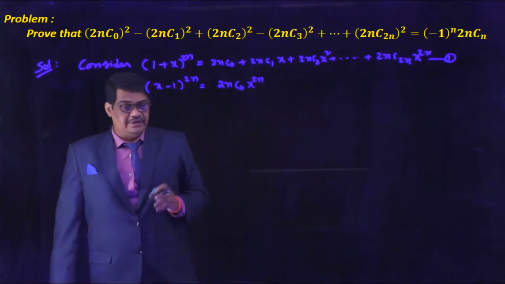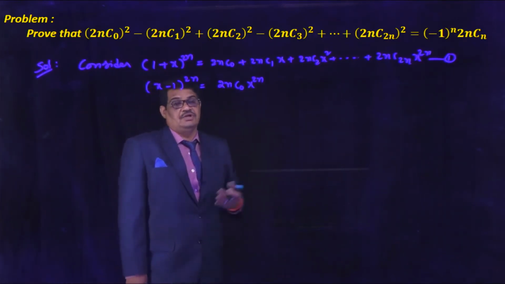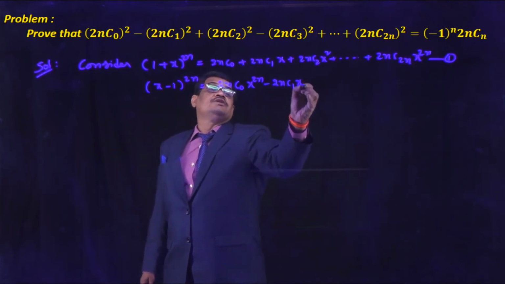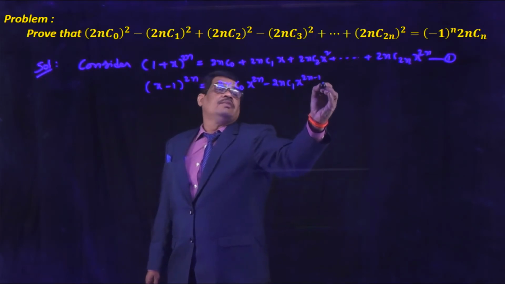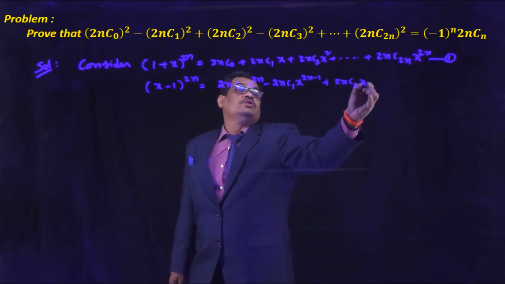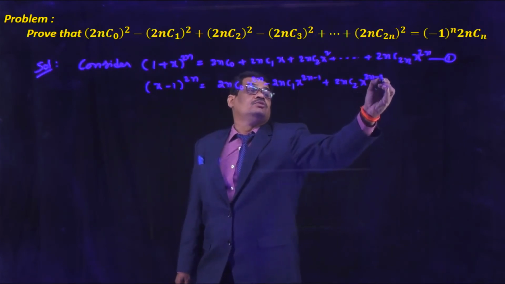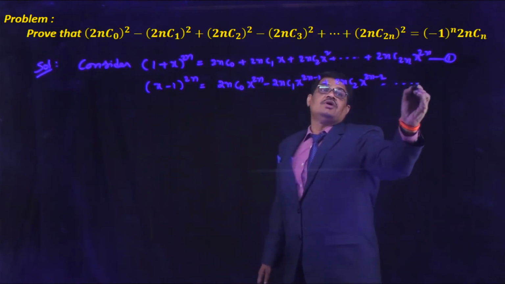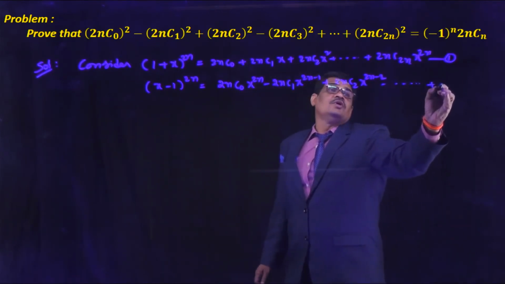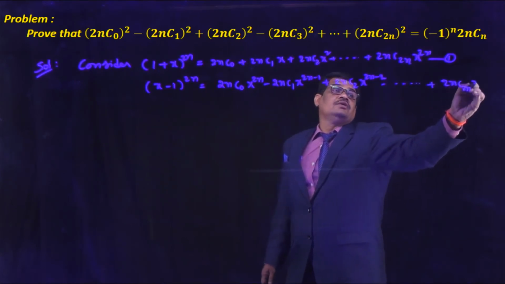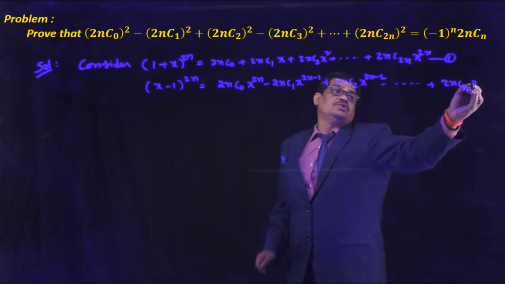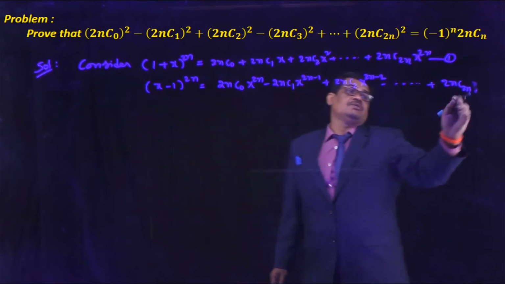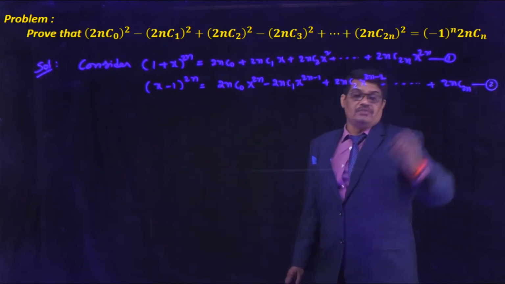Here the first term is x and the second term is minus 1, so we get plus and minus alternately: 2nC1 x power 2n minus 1, plus 2nC2 x power 2n minus 2, and so on. The last term is 2nC2n x power 0, that is nothing but 1. So that is equation 2.